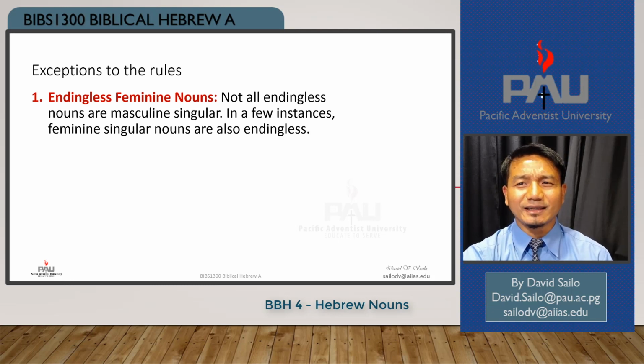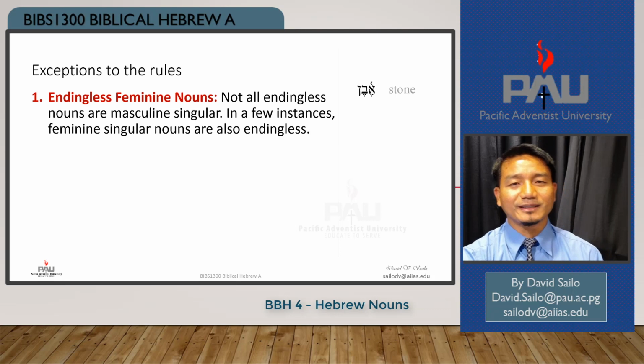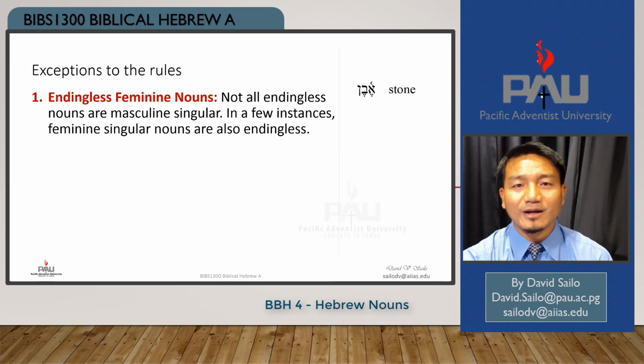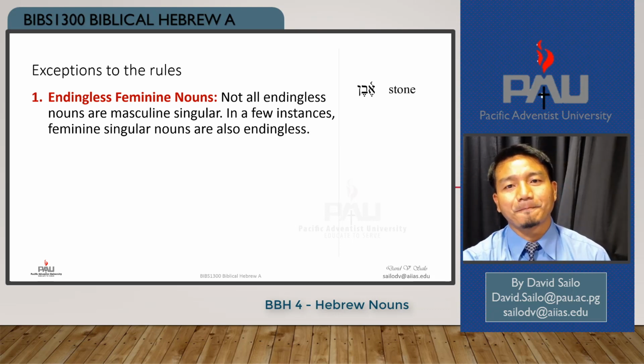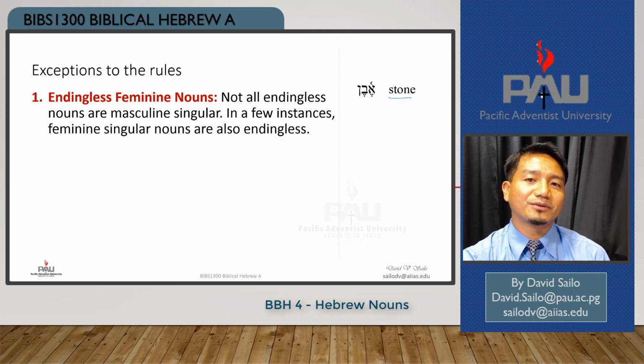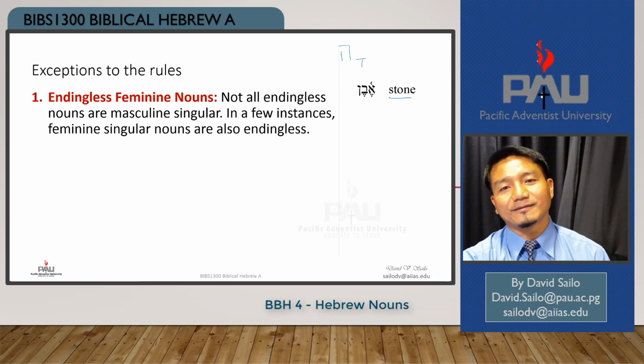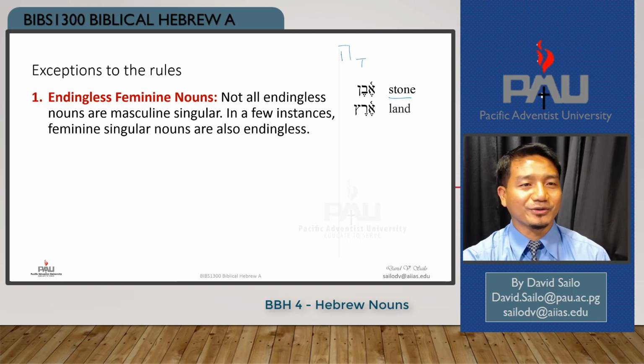I think we already see that in some of the examples. Let's look at some of these examples here. We have eben, stone. You'll see that this has no ending, the one that we expect, kamets, hey? It doesn't have it, but still this is feminine.